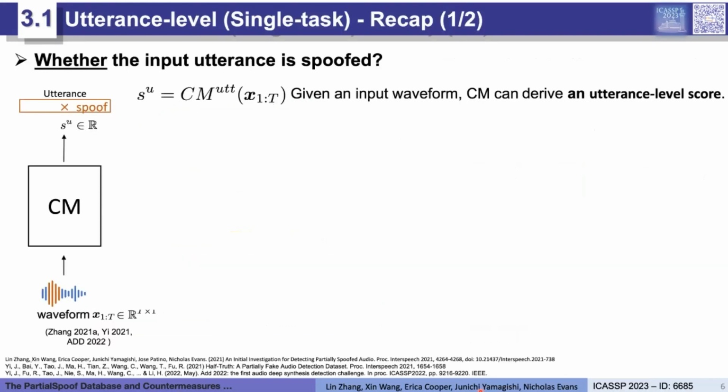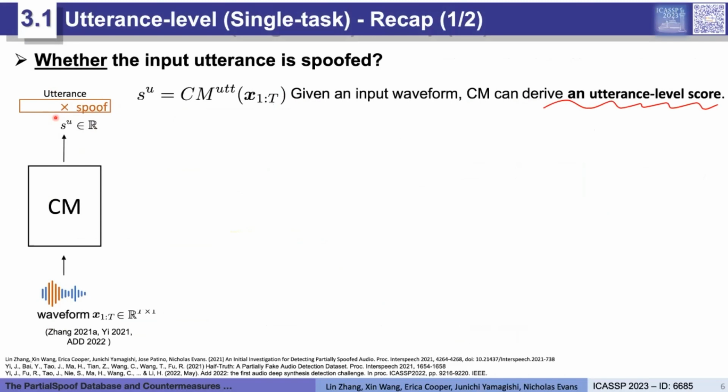Then for the first question, whether the input utterance is spoofed: following the conventional countermeasure, we can achieve this goal. Given an input utterance, the countermeasure can derive an utterance-level score to detect whether the input utterance is spoofed or bona fide.